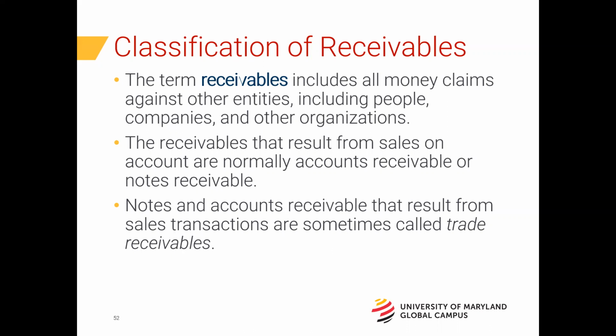Another type of receivable is called a notes receivable. Notes receivable are, as I had mentioned earlier, basically the conversion of an accounts receivable into a note. A note is a loan.